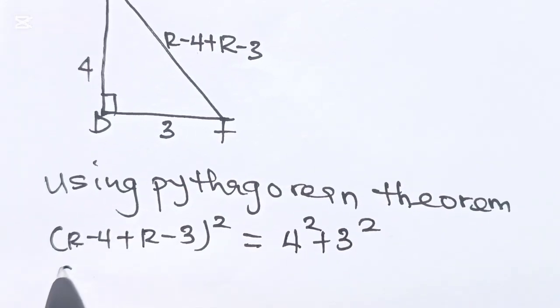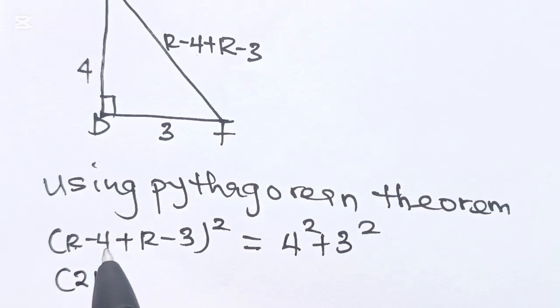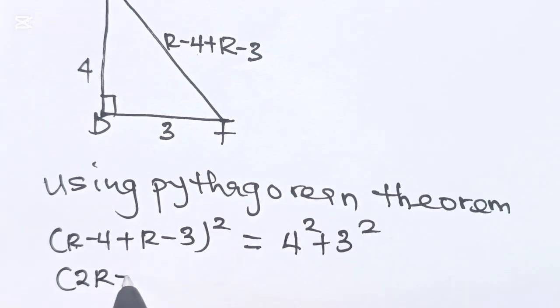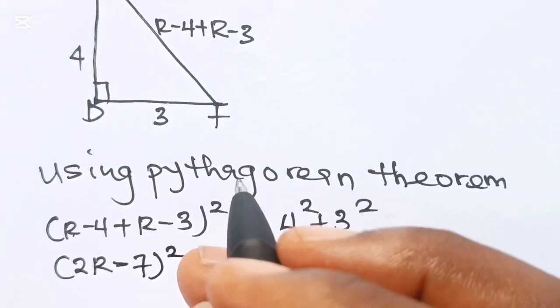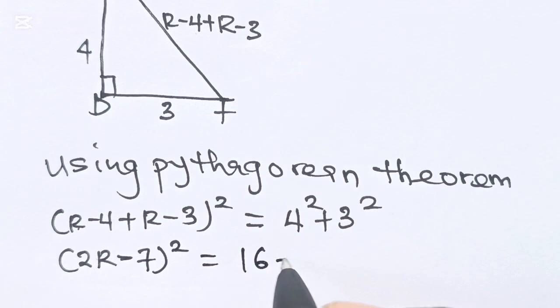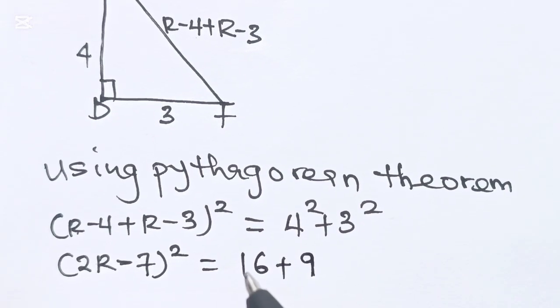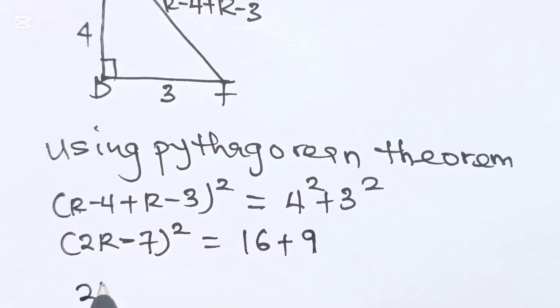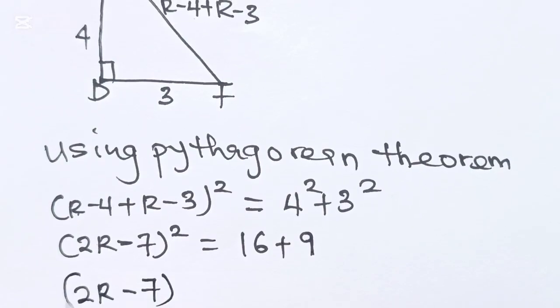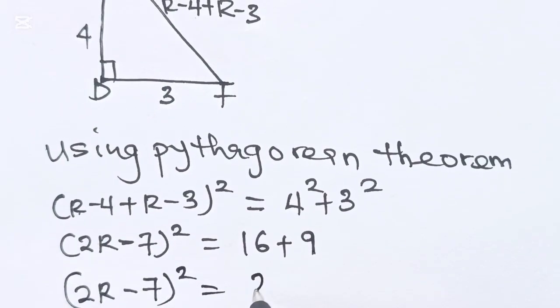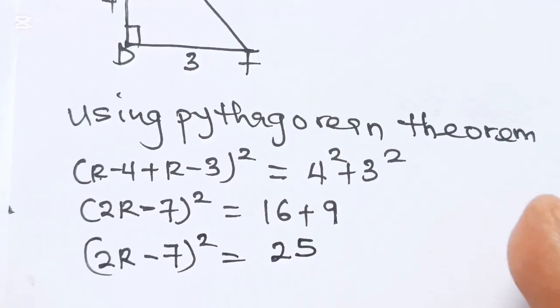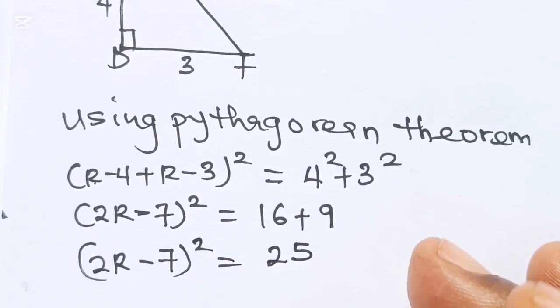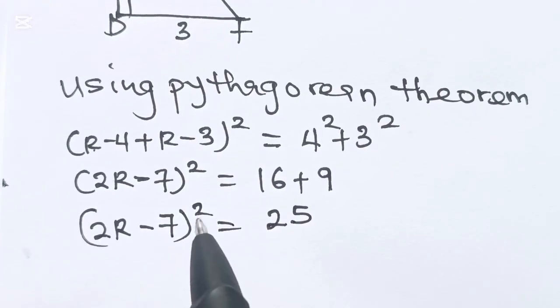So r plus r is 2r, minus 4 minus 3 is minus 7, all squared is equal to 16 plus 9. So we have 2r minus 7 squared is equal to 25. Now, let us take the square root of both sides so that we can remove this square.